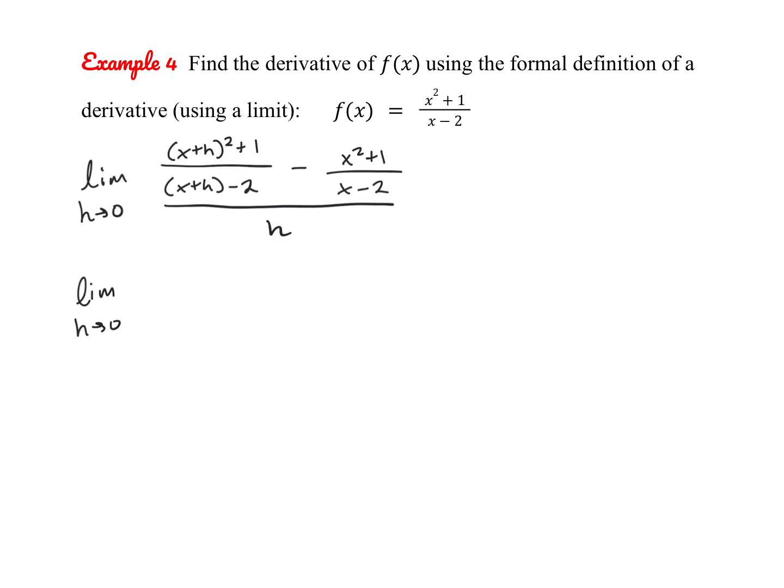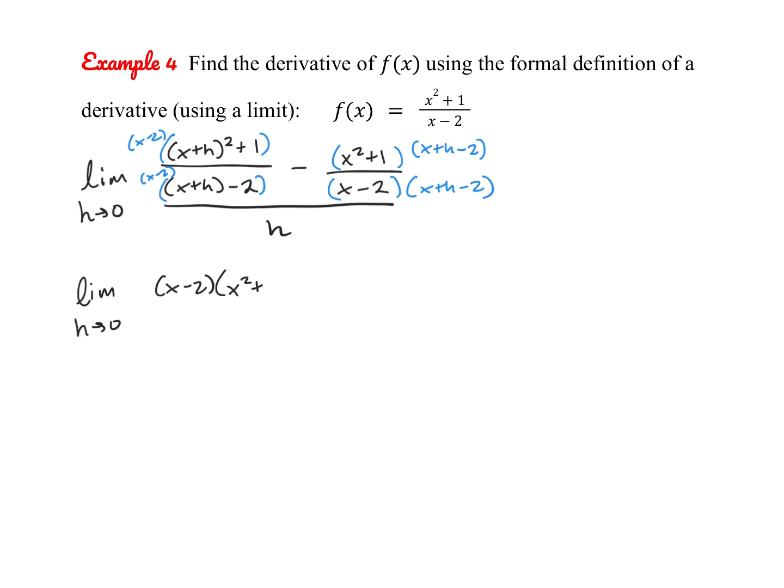So this one I'm going to multiply by (x minus 2) over (x minus 2). And this one I will multiply by (x plus h minus 2) over (x plus h minus 2). And I'll make sure to group these as well. So that leaves us with x minus 2. And then this we can multiply out.